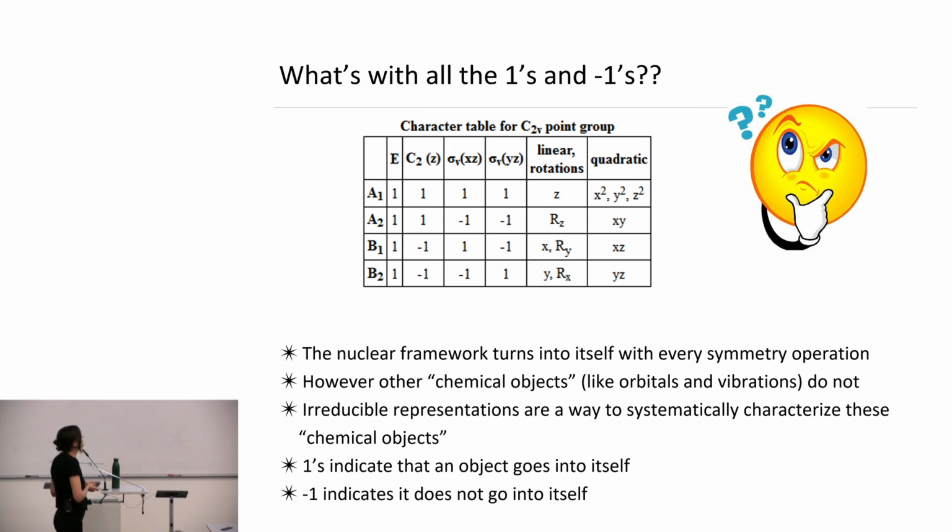And so let's talk a little bit about what's happening in this character table. The important thing, everything we've been talking about, when we talk about symmetry, we say, well, with a given symmetry operation, the nuclear framework turns into itself. But that isn't actually true with what I'm going to refer to as chemical objects.